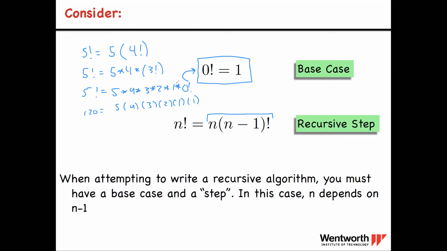This is the idea of recursion. The process I'm using to solve 5 factorial uses a slightly smaller factorial to help me solve it. And when I want to get 4 factorial, I use a slightly smaller problem to solve it, and so on, all the way down to the base case.